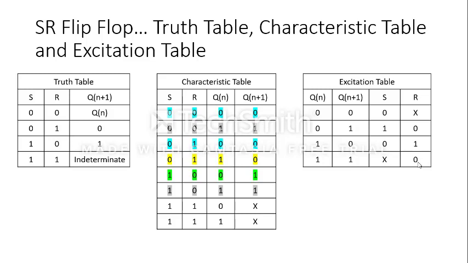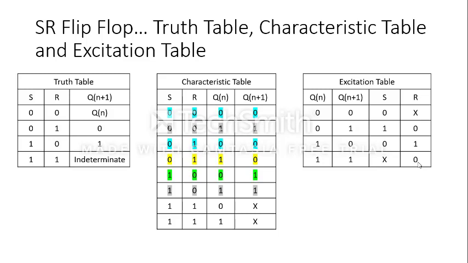So finally we have prepared the truth table, characteristic table and excitation table, and we have discussed how all these tables are prepared. Till now one more thing is pending. From this characteristic table you may need to find the characteristic equation.